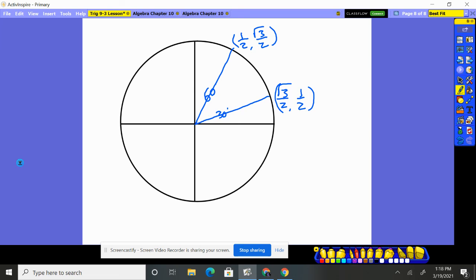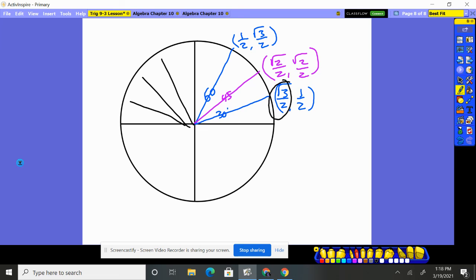And then as we just did, our 45 piece, it's the exact same measurements, root 2 over 2, root 2 over 2. What this means, now for all these other pieces, they're going to be the exact same. It's just negatives, okay? You've gone left, so your x value will be negative, but all the heights will be the same. But what this means is you're only using 3 numbers here: root 3 over 2, a half, root 2 over 2. There's the only things that you have. There's no other numbers here. So that should make it easier.